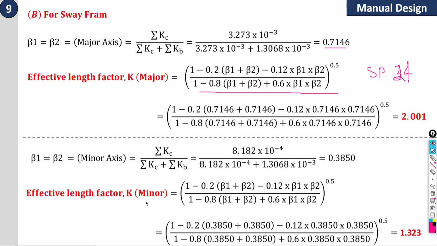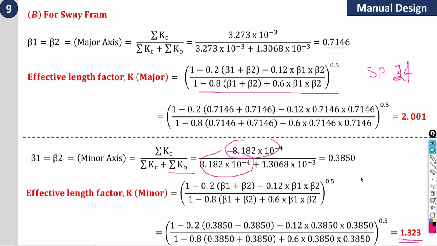And for the minor axis, if you correctly put all the values in this formula, for the sway case stiffness for the column and for the sway case stiffness for the beam, you will get the value of 1.323. That's all done and fine.